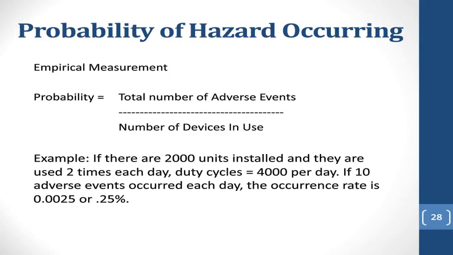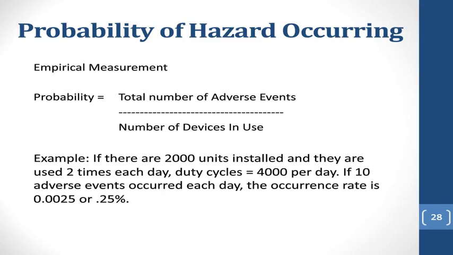Another way that you can possibly find out some information is there's a lot of public data that's available through the FDA's website, and there are adverse event reports that are available. There's a database called MAUDE, and that just lists adverse events.